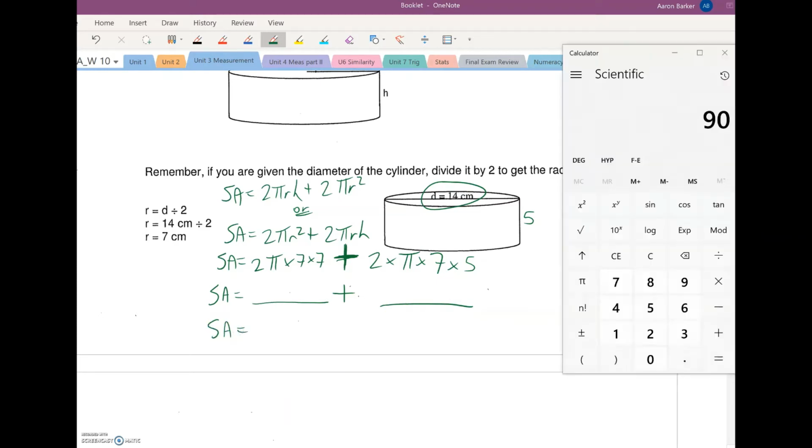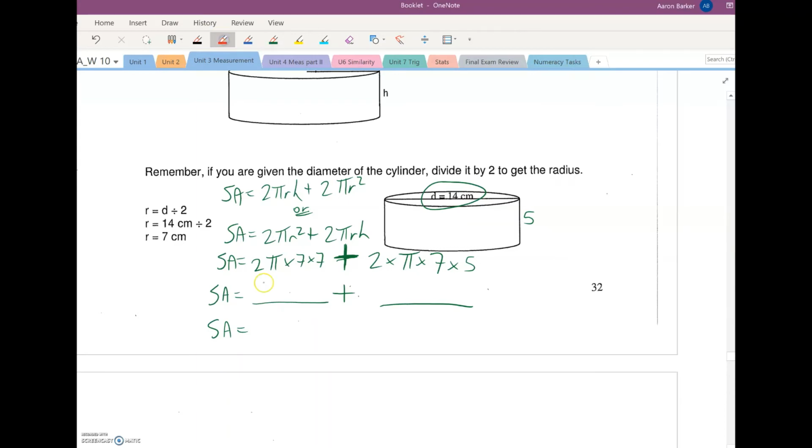So for me, 2 times pi times 7 times 7 equals, I'm going to try it again, 2 times pi times 7 times 7, 307.876.